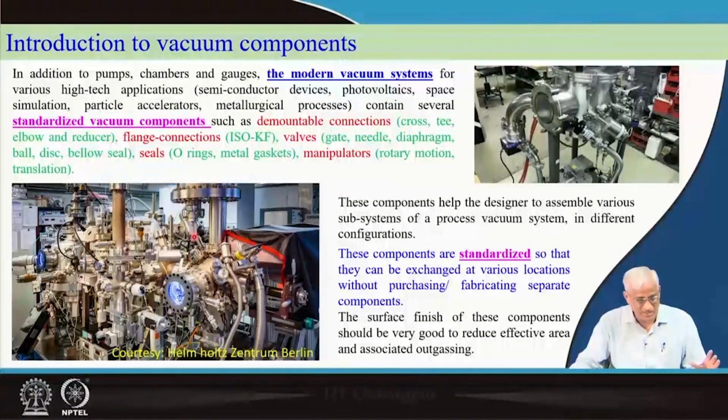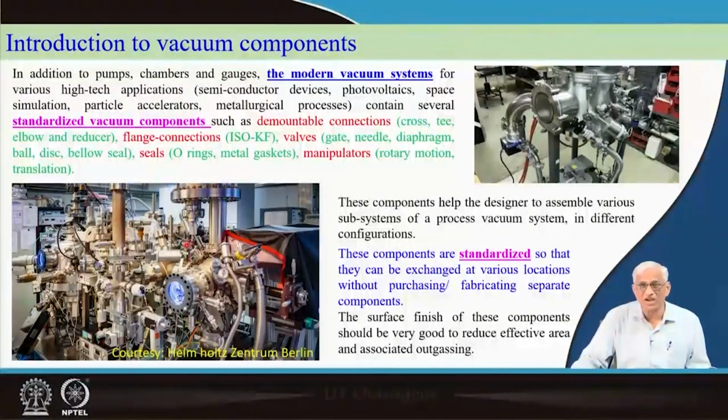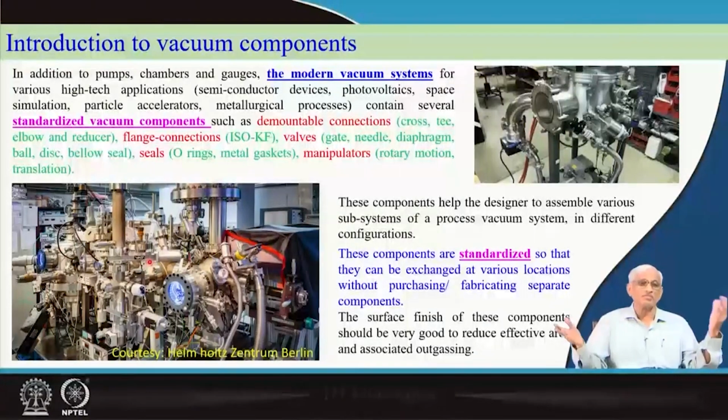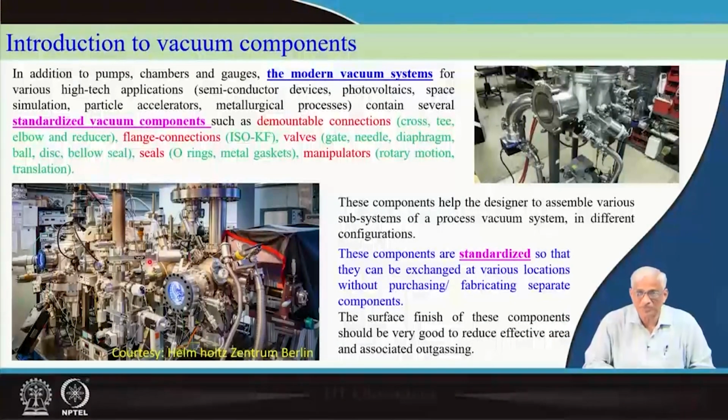You have to make them ultra high vacuum compatible, then only you will have high tech industries, particularly in IC chip manufacturing, semiconductor industries, or high tech metallurgy, or even space simulation, etc. In cryogenic technology used for nuclear fusion, you have to have such complicated shapes, but flexibility is there inside, otherwise it will take a lot of time to assemble the whole thing.